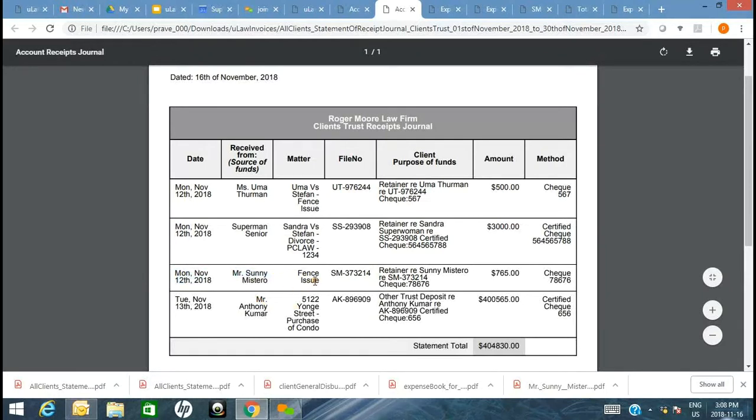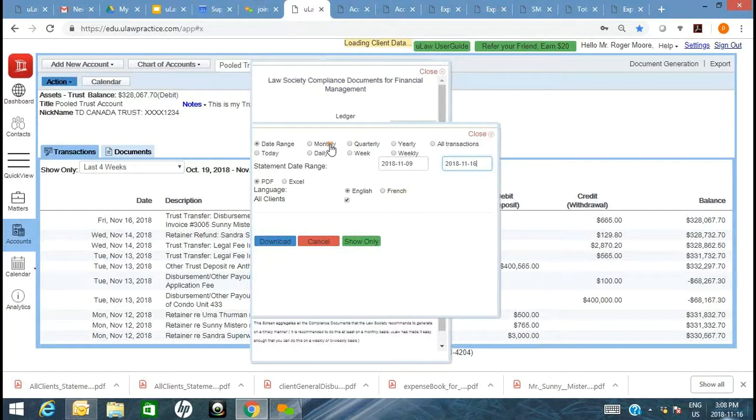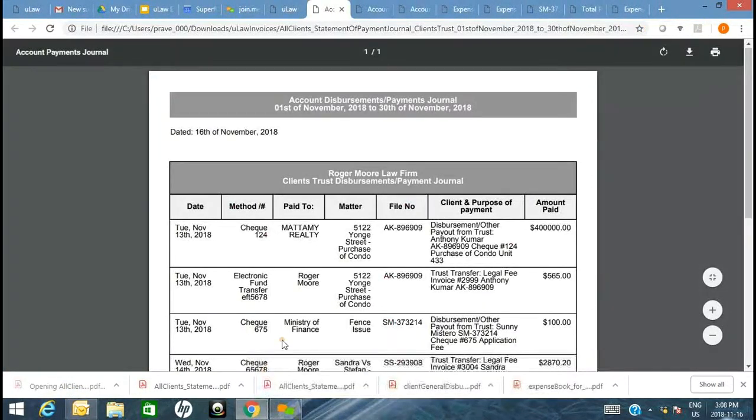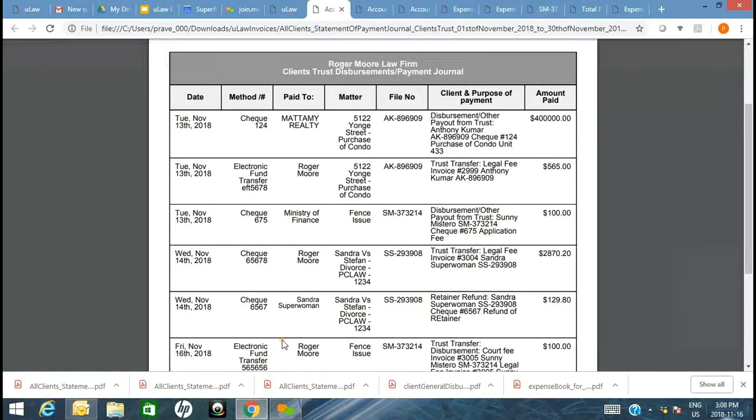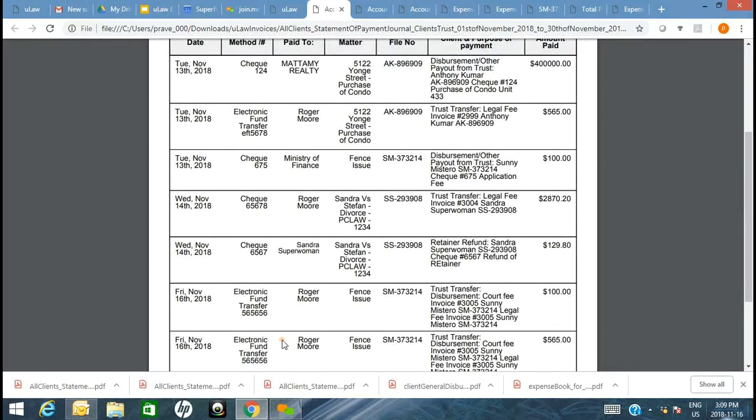And here, for that fence issue, it's the $765 of the trust that I received as a retainer. I could do the same thing with the trust payments as well.